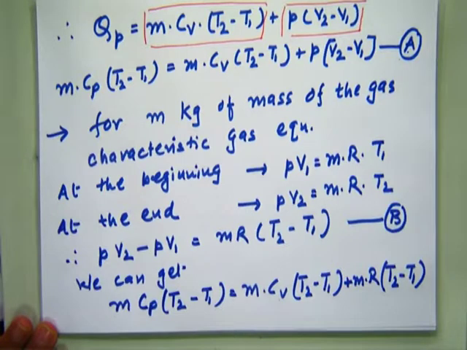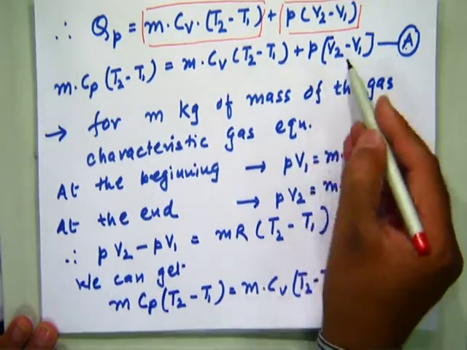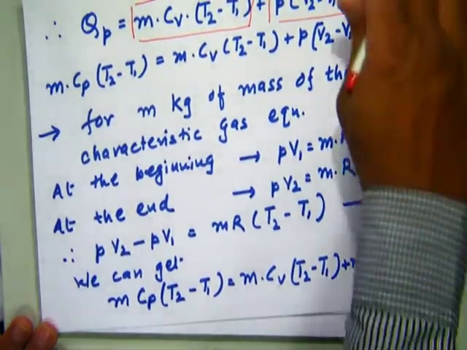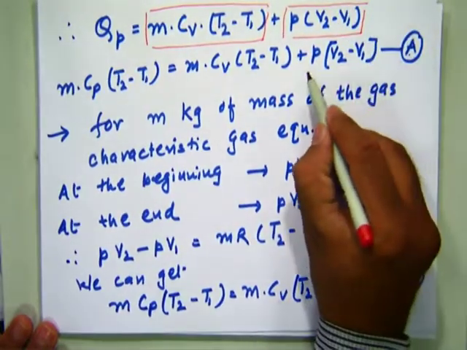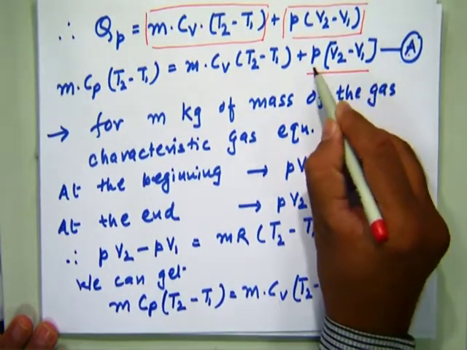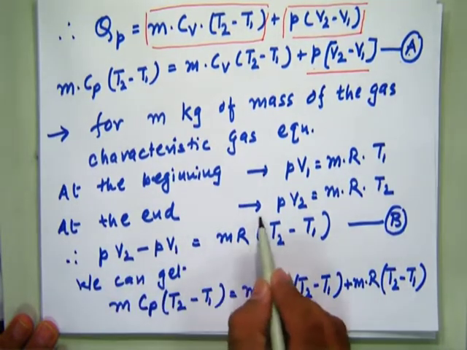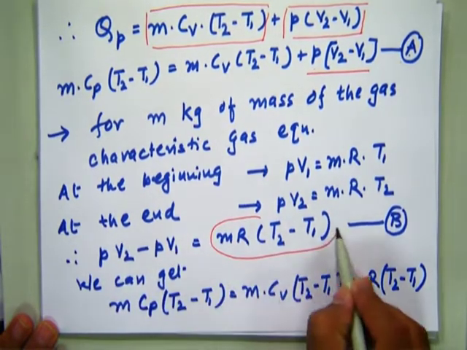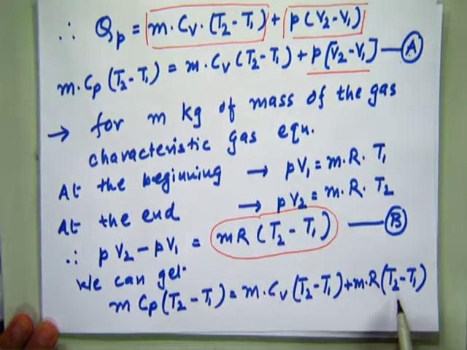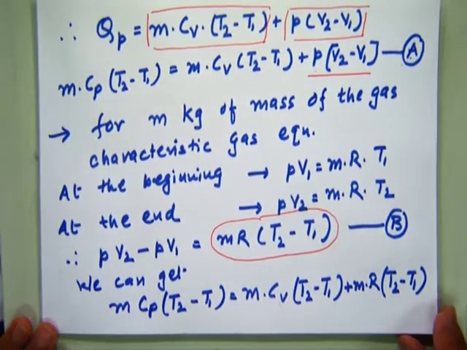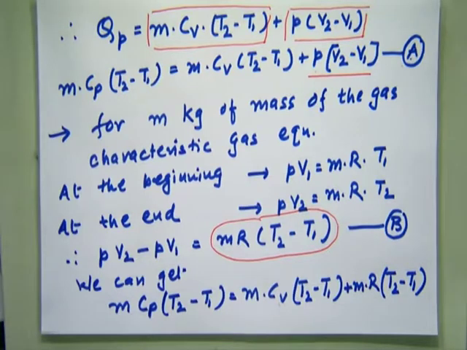What we did: in this portion of equation A, P into V2 minus V1, we put the value MR into T2 minus T1.